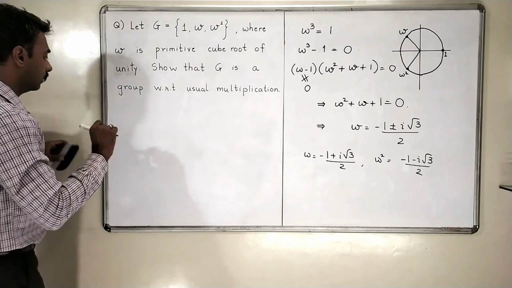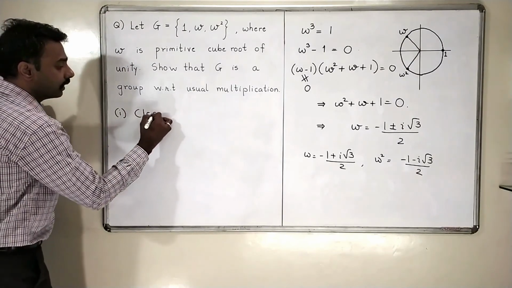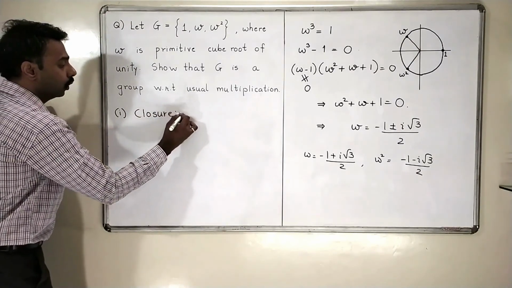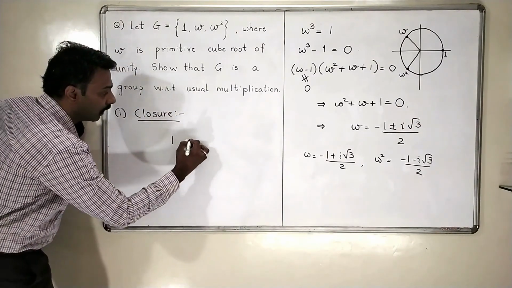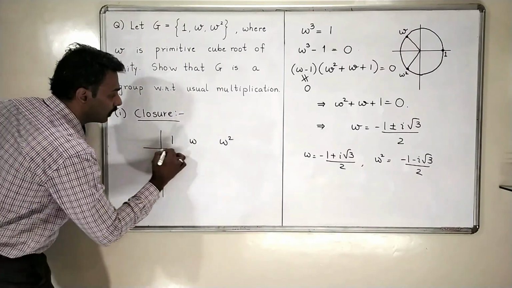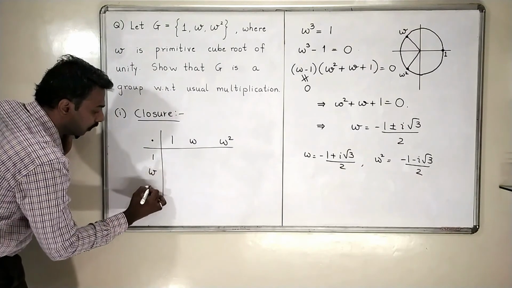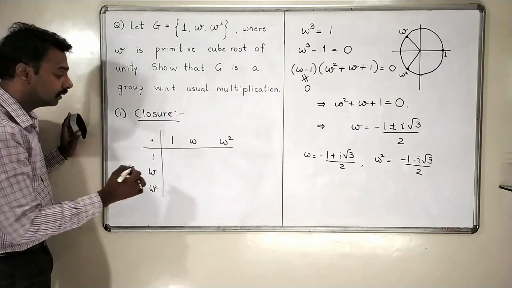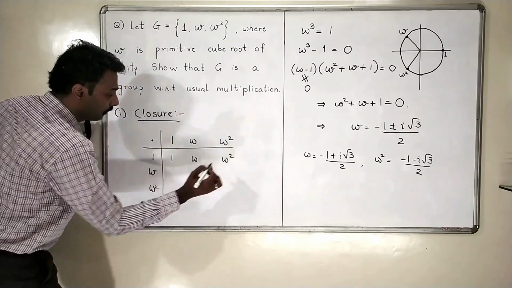So when I go for the first part, closure, I am going to take 1, omega, omega square with multiplication. When I multiply that, I get 1 into 1 is 1, 1 into omega is omega, 1 into omega square is omega square.